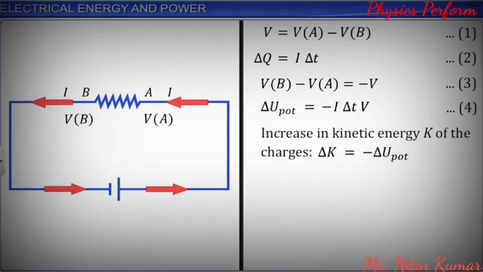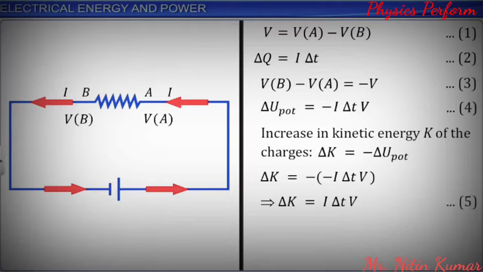From equation 4, we can say that delta K is equal to minus of minus I delta TV. This implies that delta K is equal to I delta TV. Let this be equation 5. Since the value of delta K is positive, its value is greater than 0.